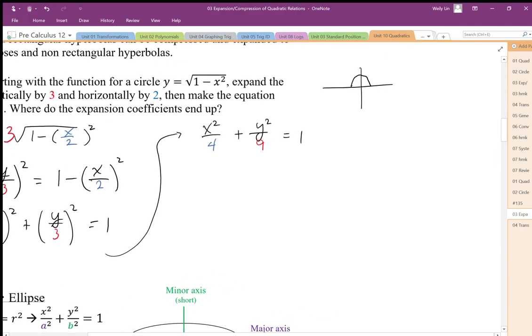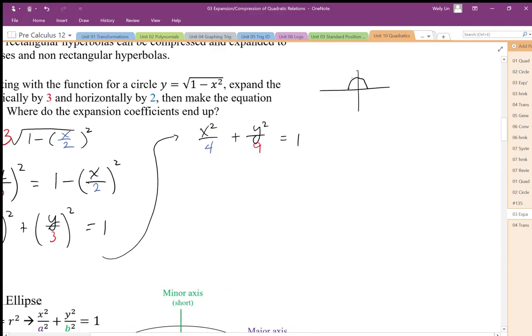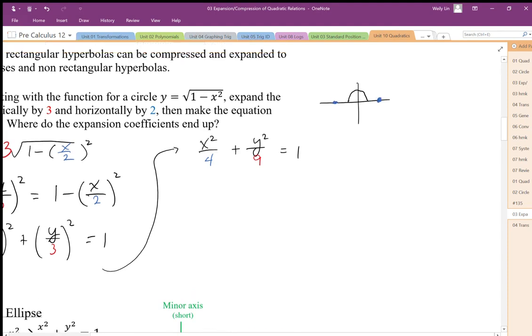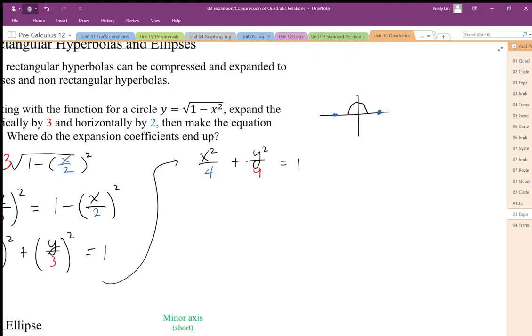So when we do this, we see our horizontal expanded by 2 and our vertical expanded by 1, 2, 3, so it's going to be up here, an ellipse that kind of looks like this. To graph it from the ellipse perspective, I know my x-axis radius is 1, 2, so I can mark those points.